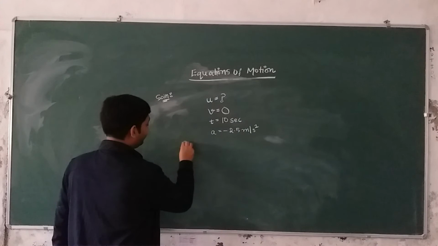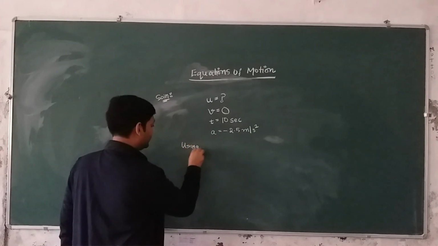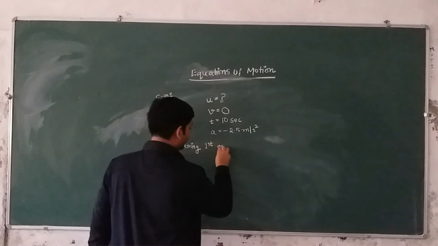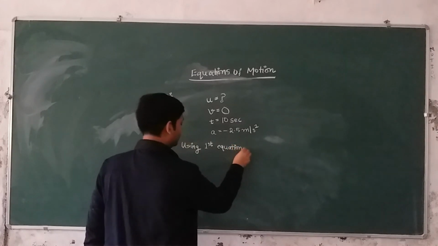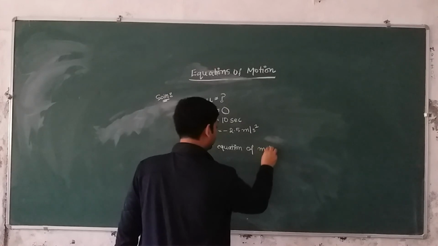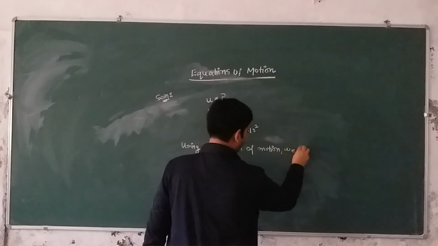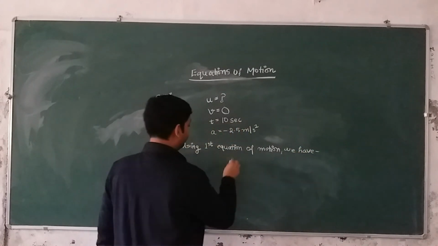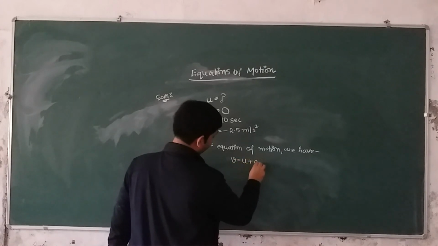So using the first equation of motion, we have v is equal to u plus at.